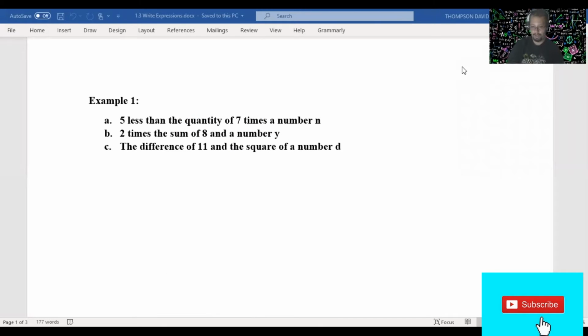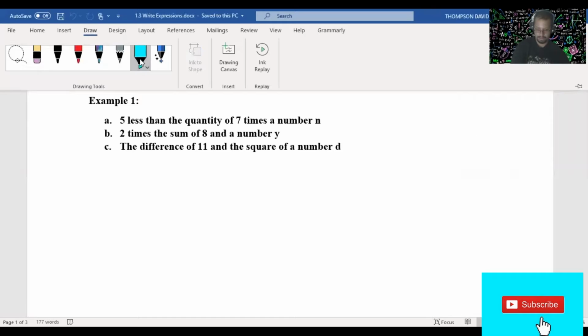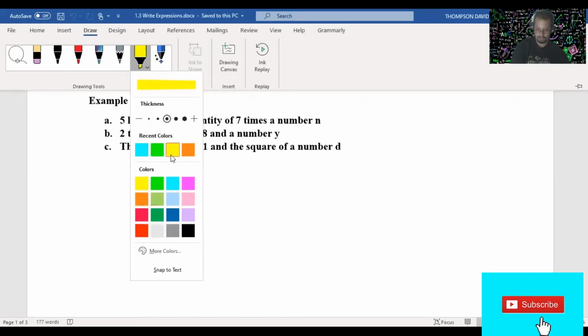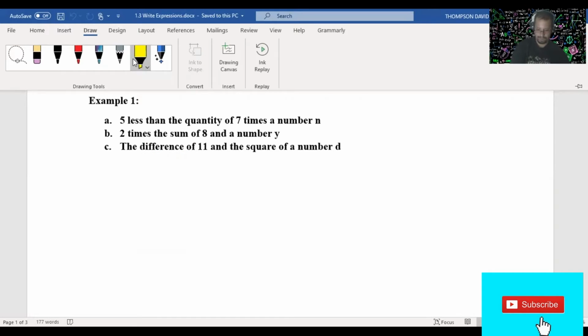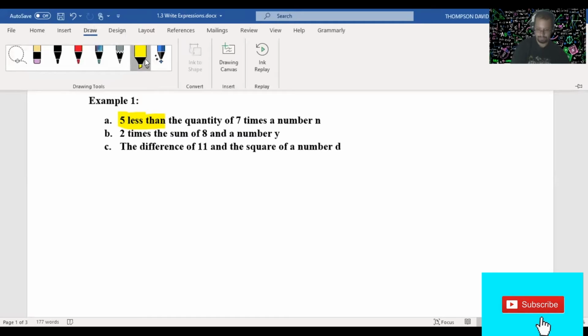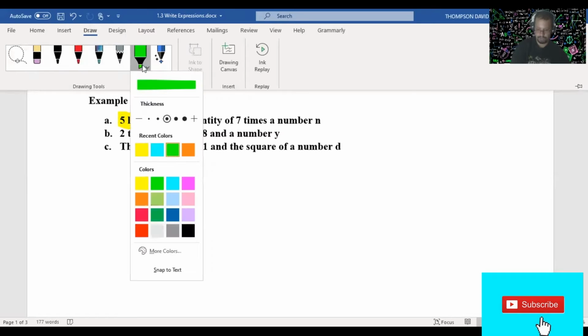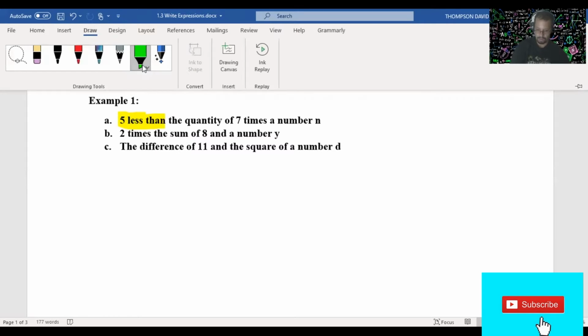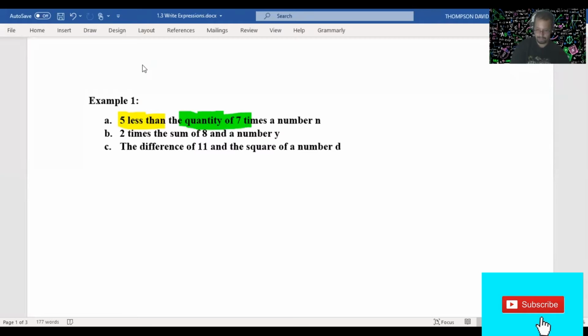Example 1. 5 less than the quantity of 7 times a number n. Grab our highlighter, we'll start with yellow. So 5 less than the quantity of 7 times a number n. And now we'll switch to green. The quantity of 7 times a number n.